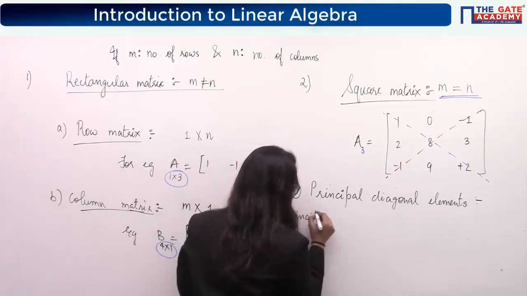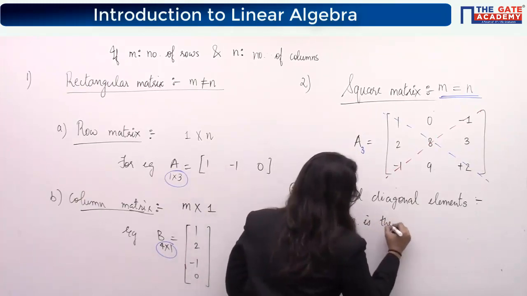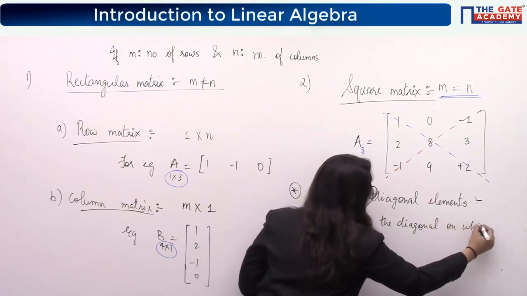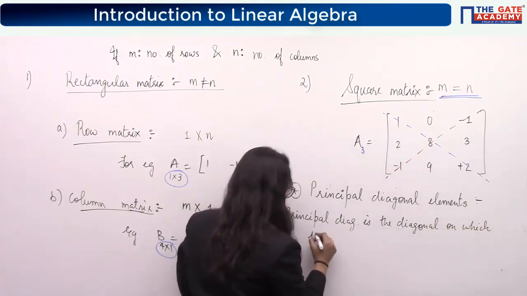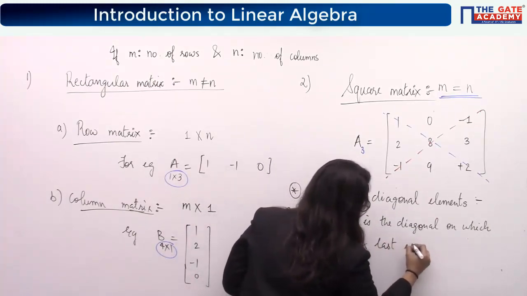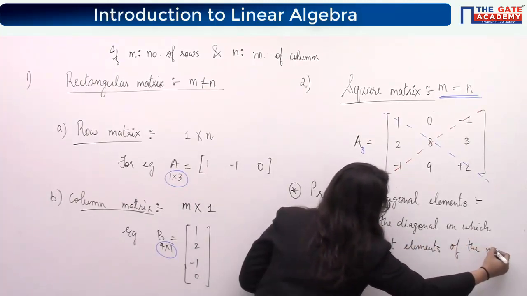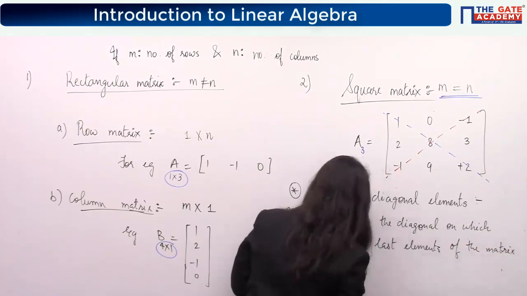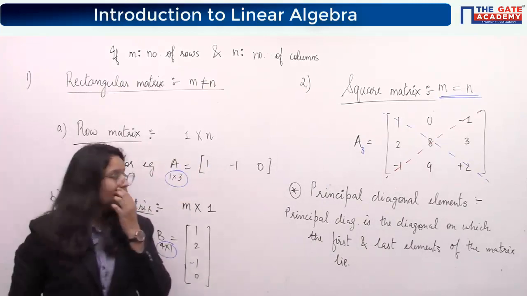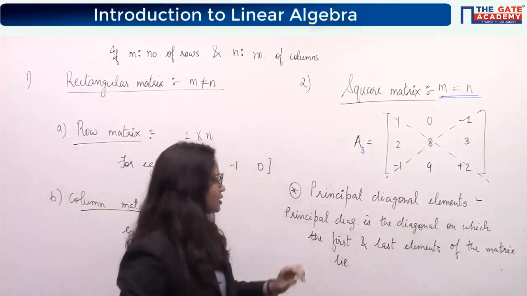That principal diagonal is the diagonal on which the first... okay, any doubt? Principal diagonal is that diagonal on which the first and the last elements of the matrix lie.